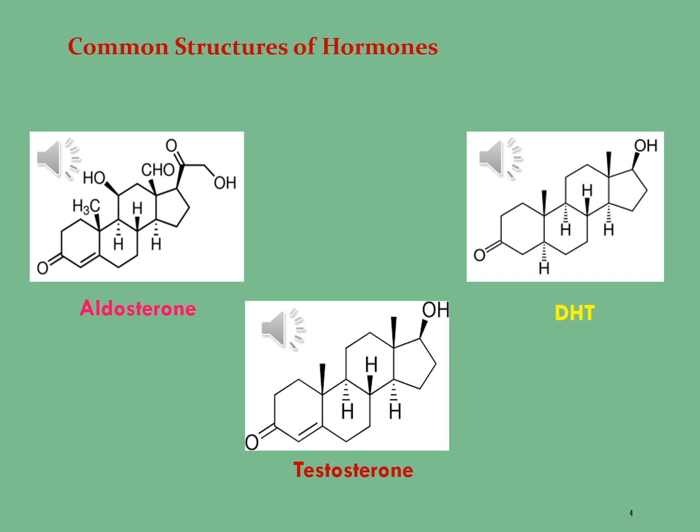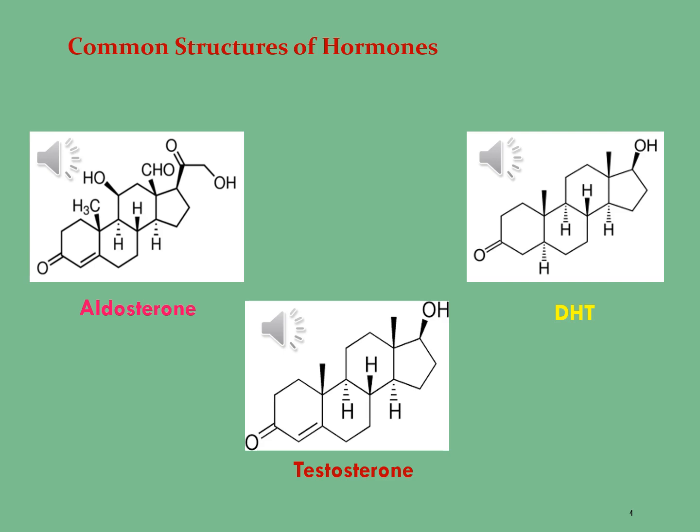Let's see the last molecule presented on this page, which is DHT, that is dihydrotestosterone. The molecular formula of dihydrotestosterone is C19H30O2 and the molar mass is 290.447 gram per mole.